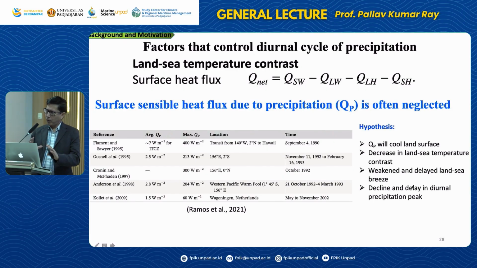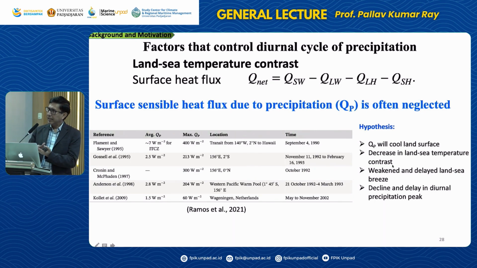So our basic hypothesis is the following, and this is really the important part. If you introduce this sensible heat flux due to precipitation, it will cool the land surface. There is no doubt about it, because the raindrop temperature is cooler than the land surface temperature. Now, if land gets cooler, then you will have a decrease in land-sea temperature contrast, correct?